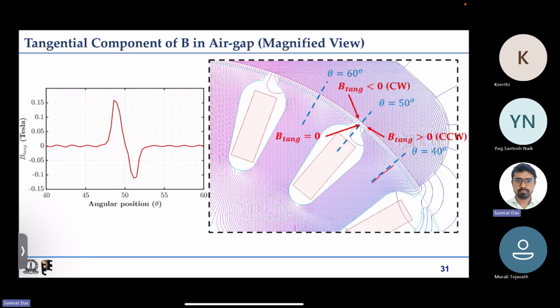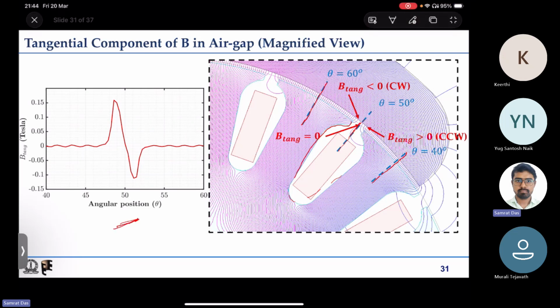This line is theta equal to 40 degrees, this line is theta equal to 60 degrees, and in between we have one slot opening. We have this slot and some conductor here, and we have some opening here. The slot opening is at theta equal to 50 degrees. Now the zoomed in picture for that spike of the tangential component of flux density is shown on the left hand side in this figure.